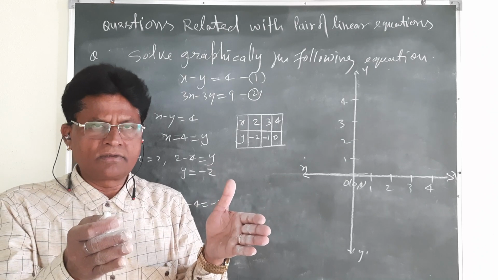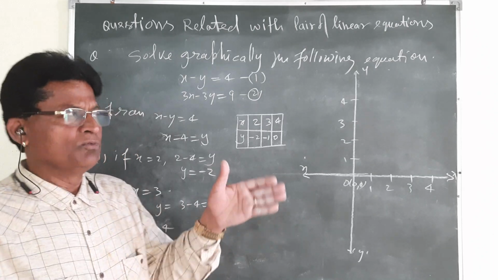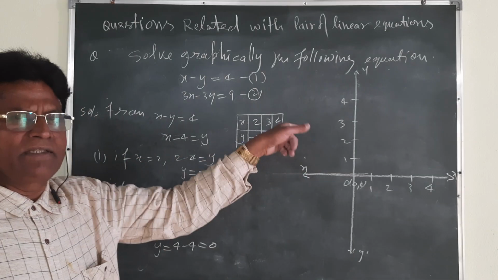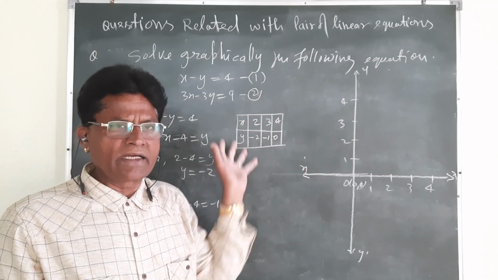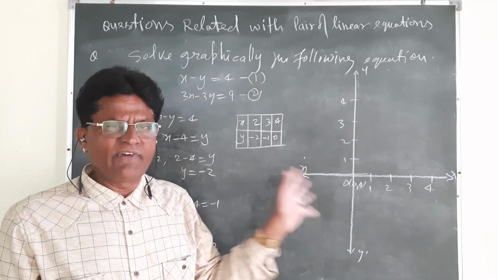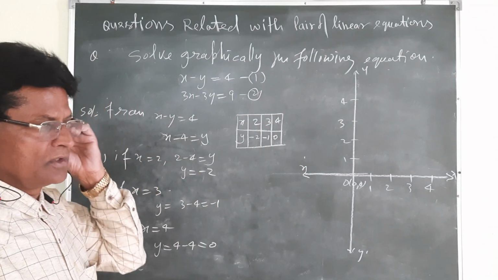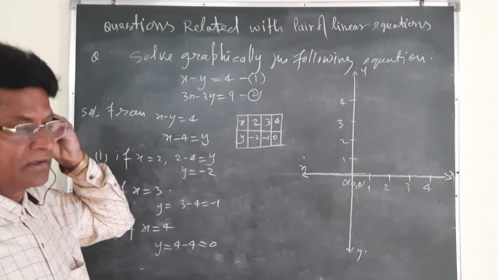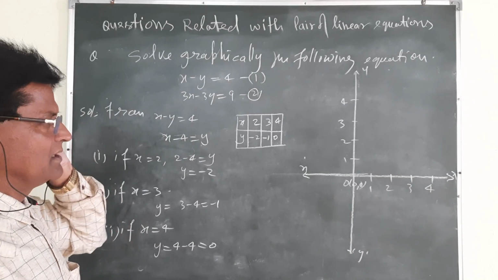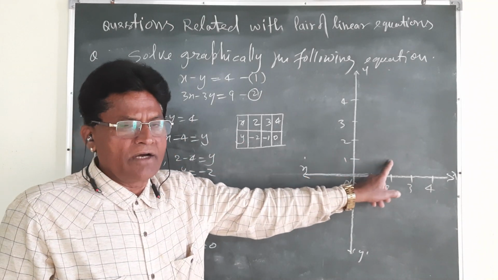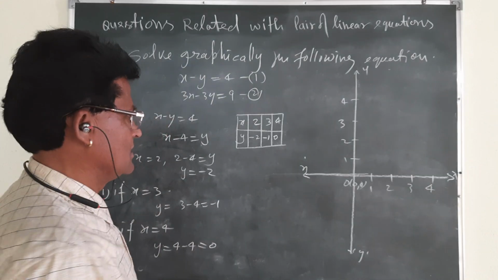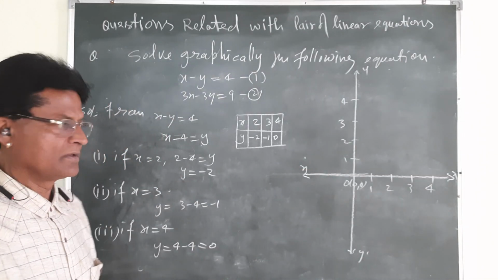You must draw the graph, and nearby the graph you write the calculation as well. That will be easy for the examiner to check your answer properly. That is why you must draw this graph on the graph paper. My graph will be a rough graph.